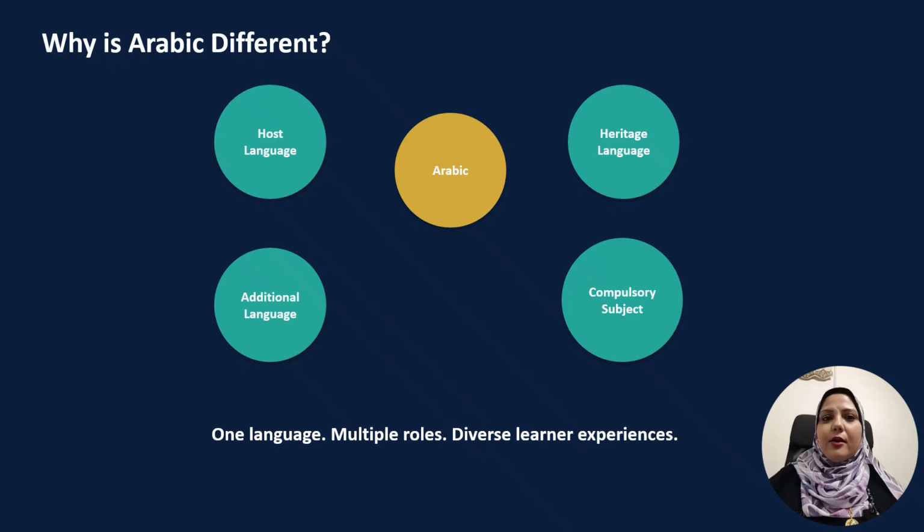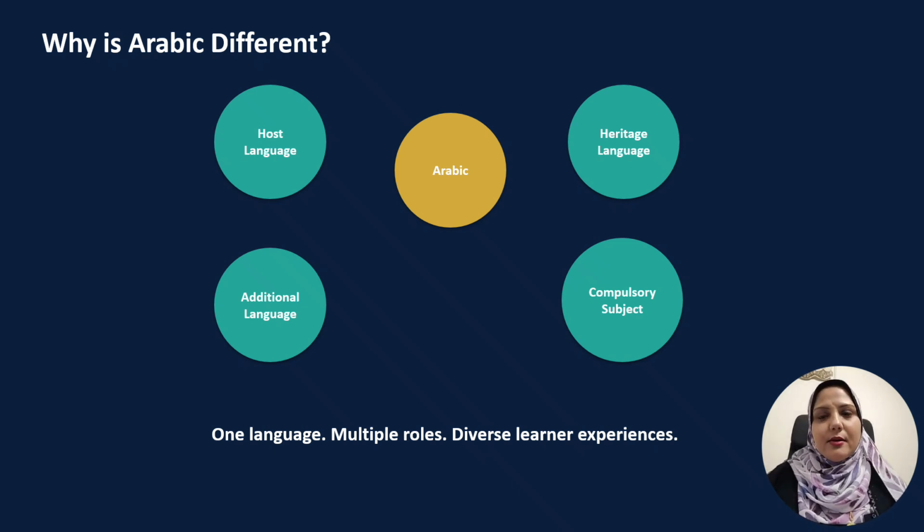For some learners, it's the host language of the country in which they live. For others, it's a heritage language that connects them with their family, culture, and identity. For many, it's learned as an additional language, while for others, it's a compulsory subject required by the curriculum.